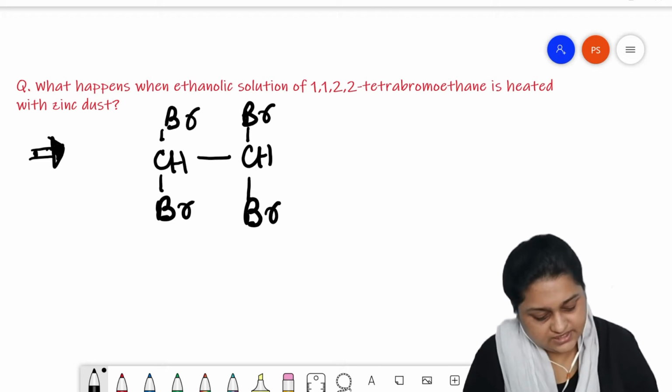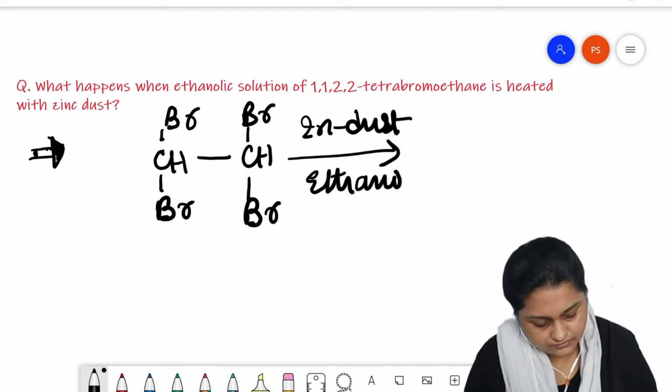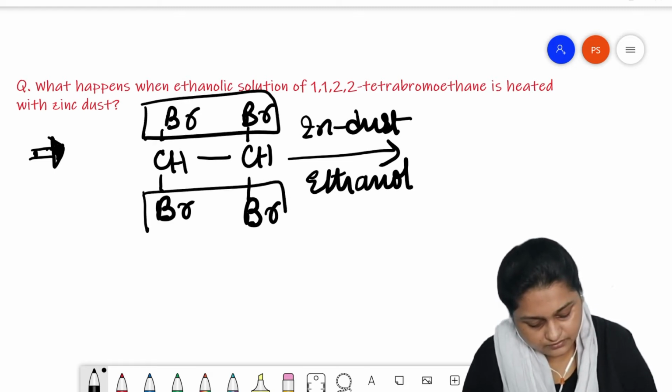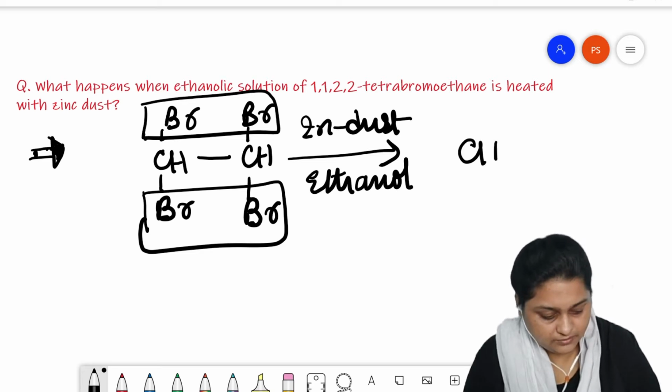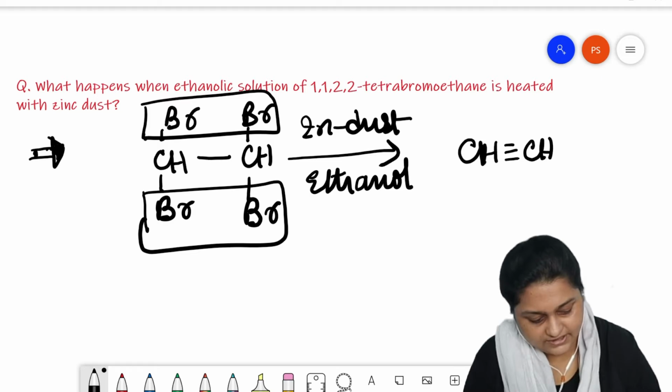Now when this is heated with zinc dust in ethanolic solution, 2 bromine atoms are removed, producing acetylene.